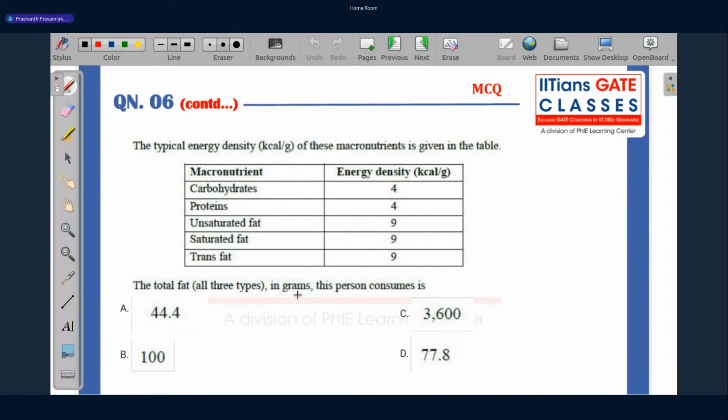So the total fat in grams this person consumes is. The question simply demands a comprehension of the question and picking some simple data from it. So it says fat, all three types.